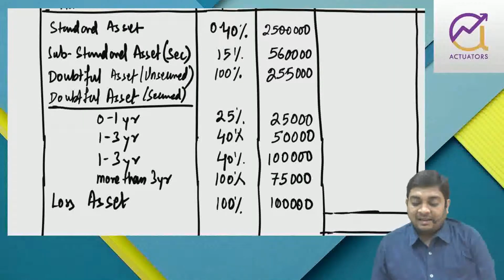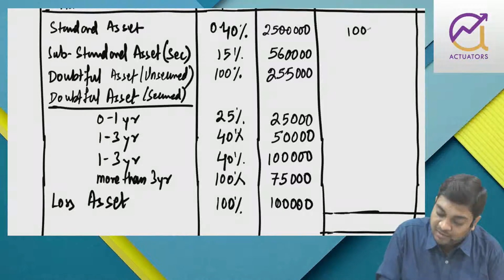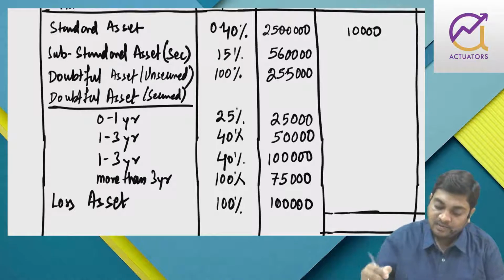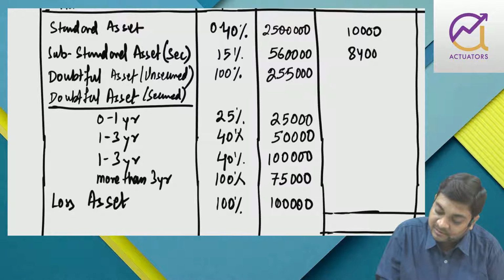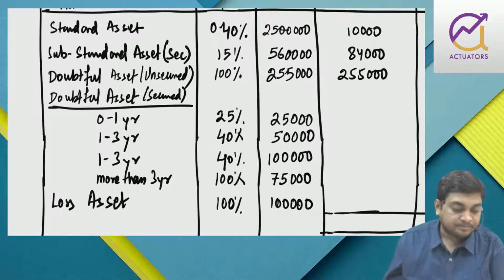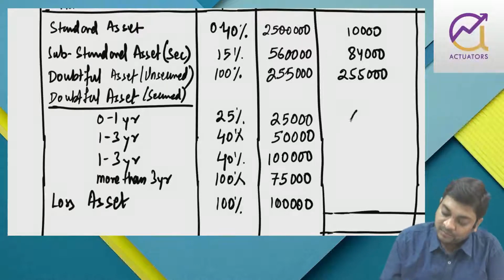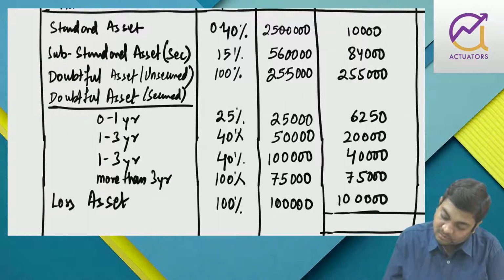So 25 lakh into 0.4%, 5 lakh 60 into 15%, 2 lakh 55, 6250, 20,000, 40,000, 75,000, 1 lakh.